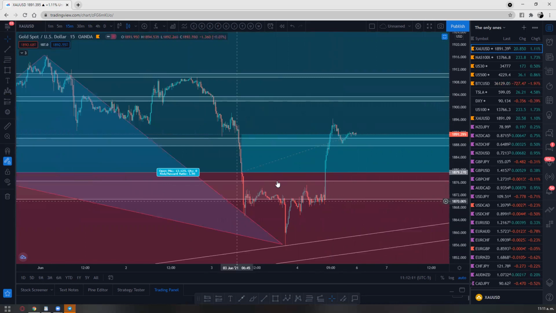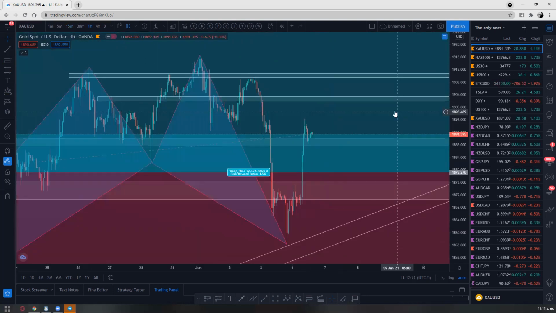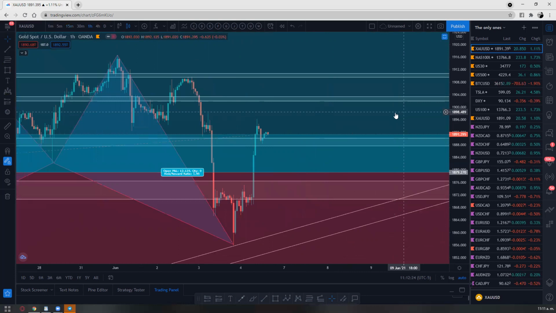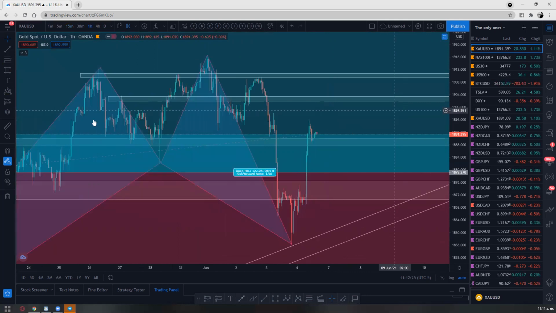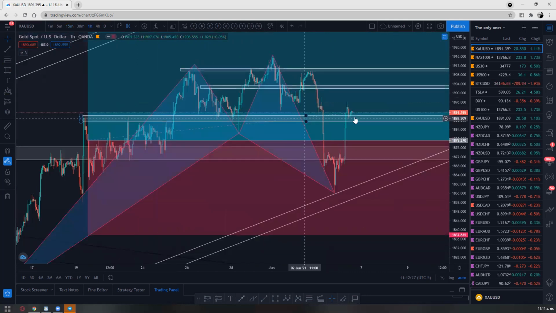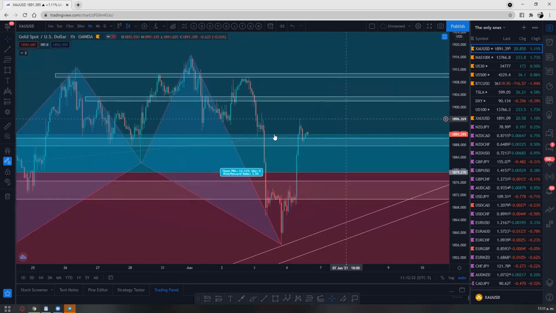So right here, beautiful entry. I told you guys on Friday the price might be pushing up by the time the news came out, and it did push up. So what is the price doing? You already see what the price is doing. You see my structure right there. You see there's a resistance. The price broke above, came back for a little retest.